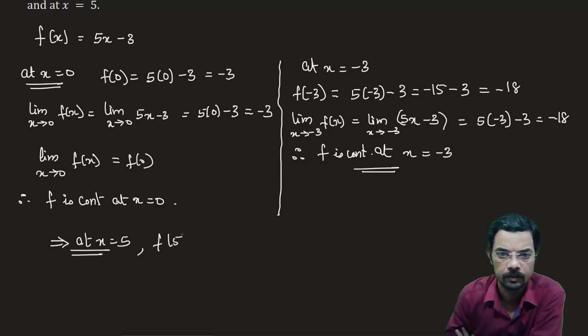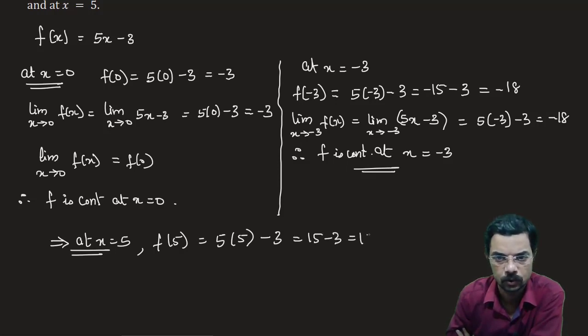f of 5 will be equal to 5 into 5 minus 3, that is 15 minus 3, equal to 12. Now limit x tends to 5, f of x, what is that?